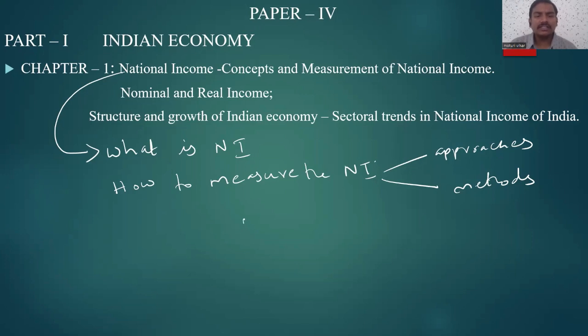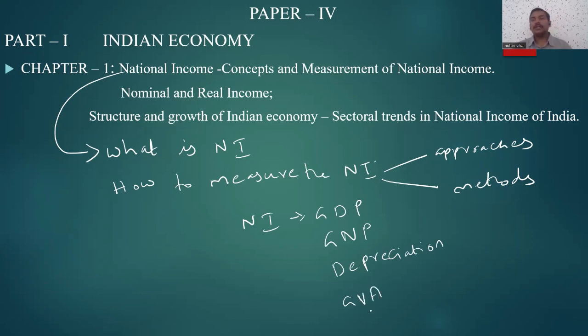Simply, we calculate our national income in the form of the GDP approach. We have GNP, gross national product. Then we have the depreciation concept. After depreciation we have GVA, which we adopted recently.